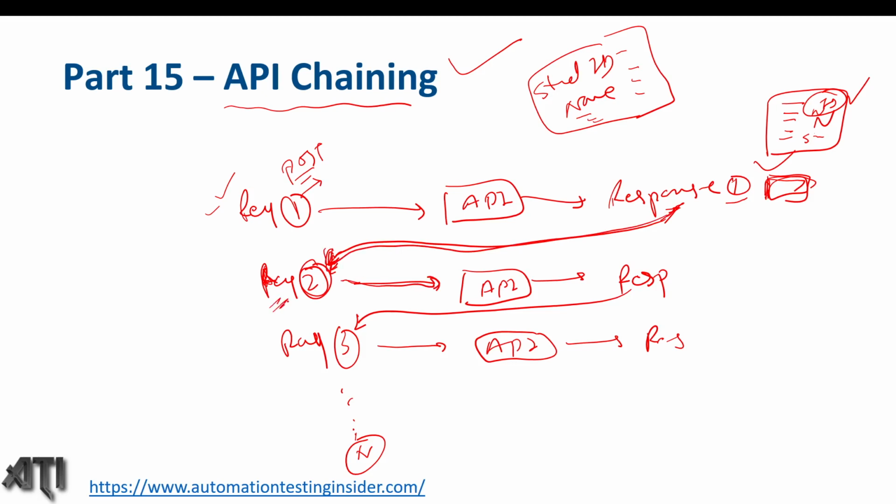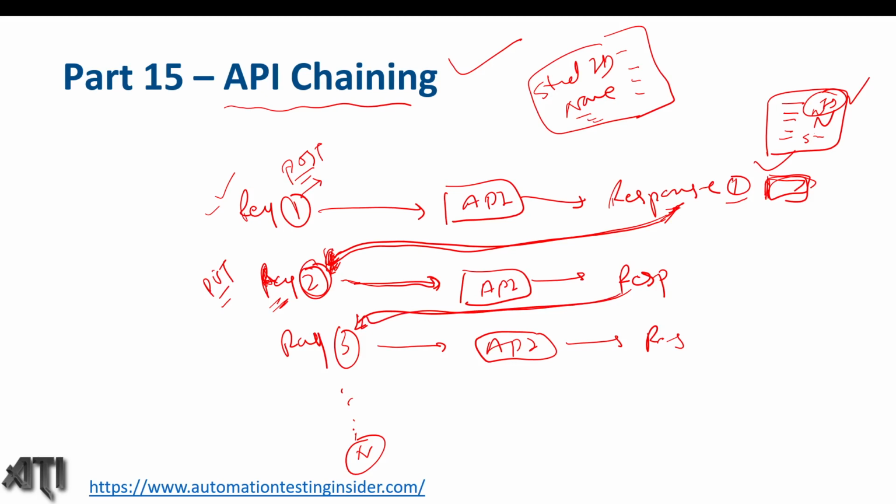Let's say this is a put request, so we need to write some body to update the record. We'll take that ID from response 1. Similarly, we create dependency among different HTTP requests. This is just an example of how we create the dependency, and this is nothing but the chaining of different HTTP requests.